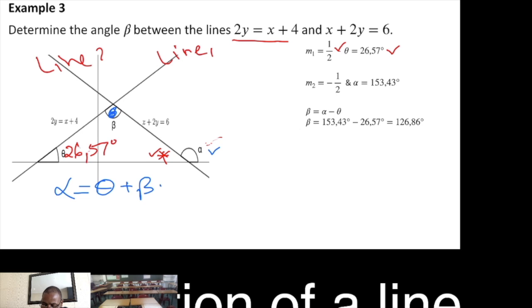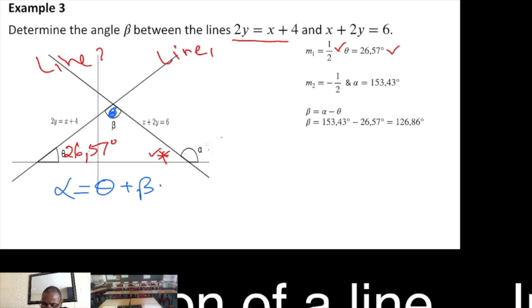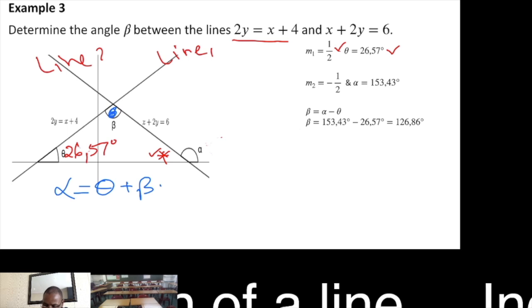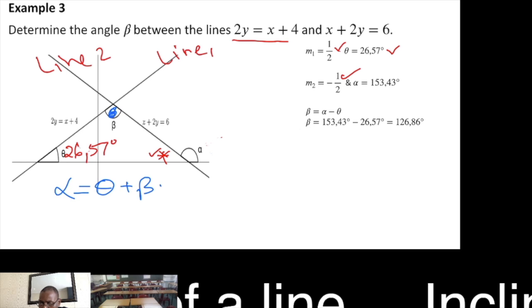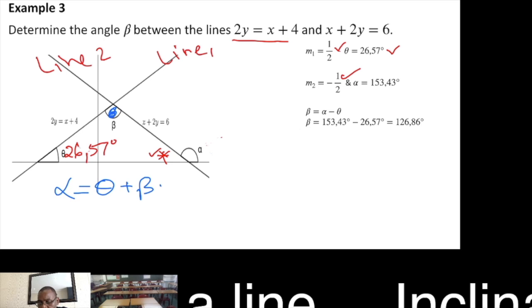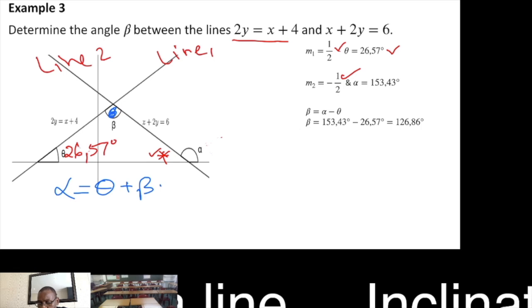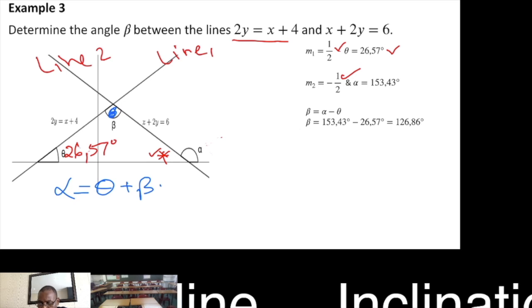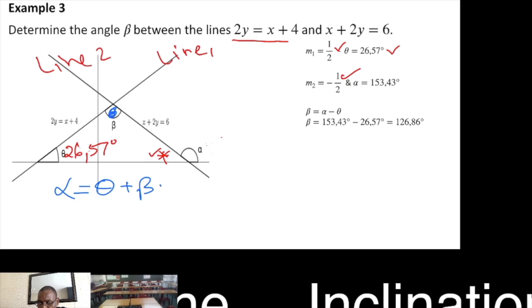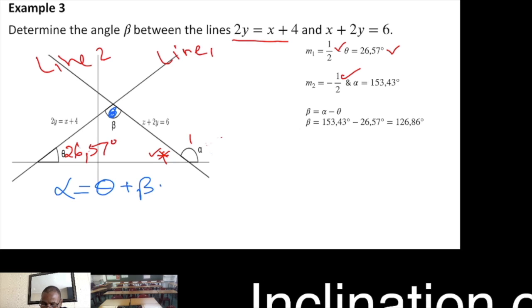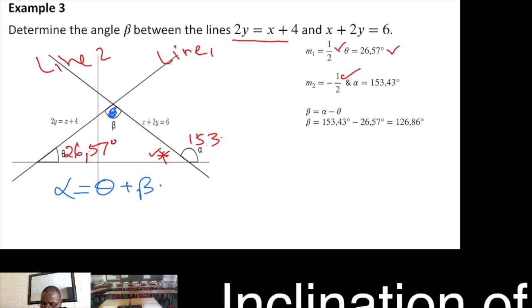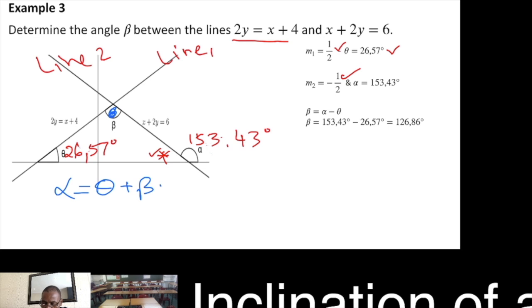And this angle alpha, the gradient of line 2 will be -half. And you put that into your calculator, shift tan of -half, you will get a negative answer. Then add 180, and so you get your angle alpha equal to 153,43 degrees.